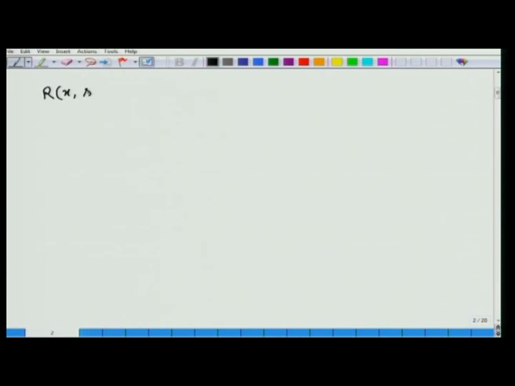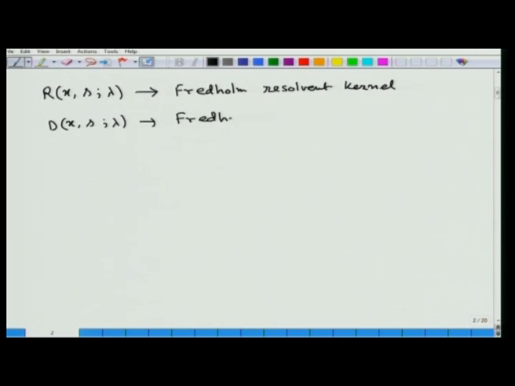And these three quantities: R(x, s; lambda) is known as the Fredholm resolvent kernel, this D(x, s; lambda) is known as the Fredholm minor, and Delta(lambda) is called the Fredholm determinant.